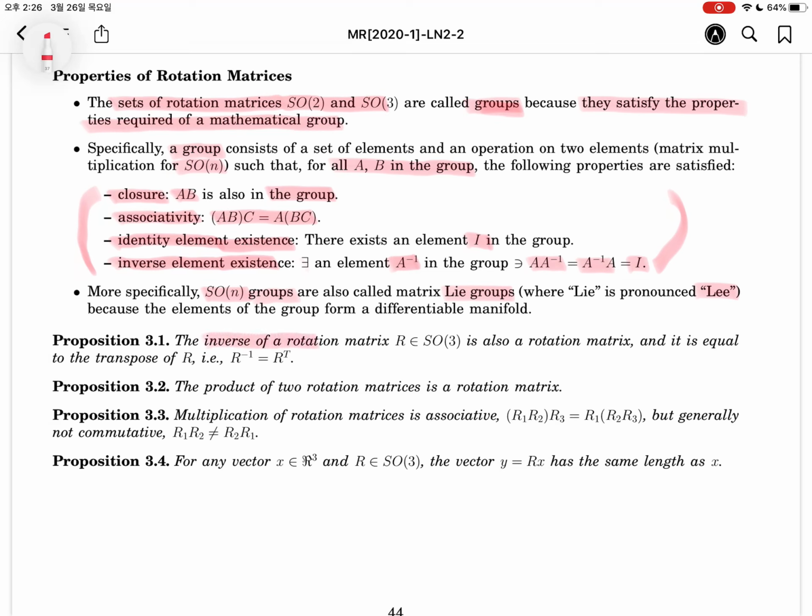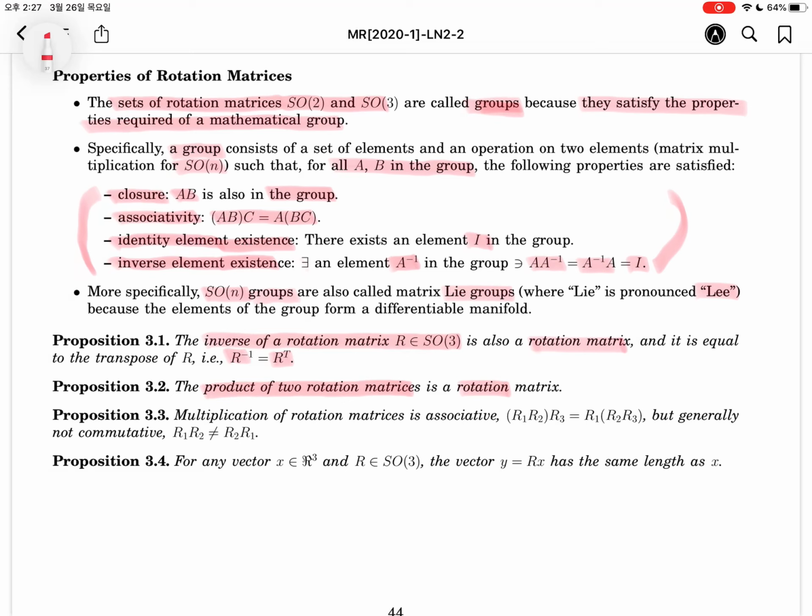The inverse of a rotation matrix belonging to SO(3) is also a rotation matrix. So the inverse exists. It can be easily found by using the transpose operation. We should memorize that the rotation matrix inverse is equal to the transpose of the rotation matrix. The second property, the product of two rotation matrices is also a rotation matrix.